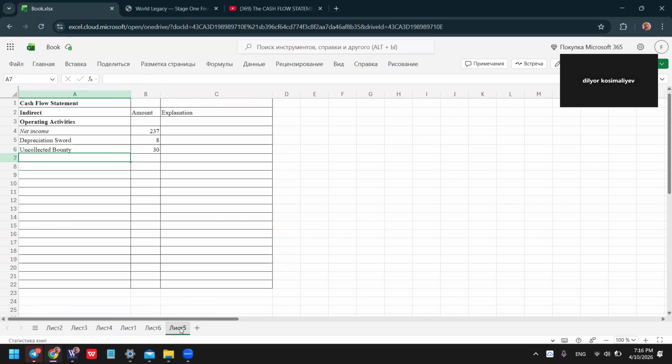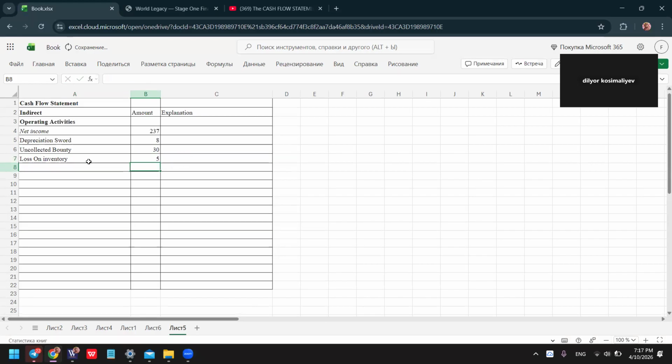It was inventory, 5. So it's also positive because it was deducted from our net income and it doesn't include cash. That's why we're doing it here. And let's continue.